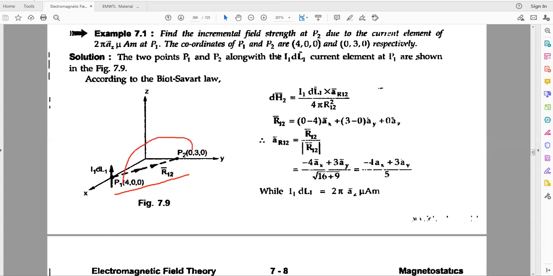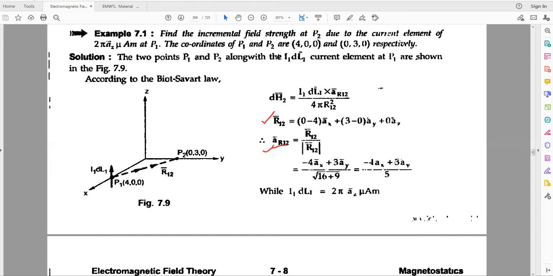So 0 minus 4 whole square, and 3 minus 0 and 0 minus 0. So AZ bar gets cancelled here. R12, the distance: 0 minus 4 AX bar is minus 4 AX bar, and 3 minus 0 is 3 AY bar. And to find the base vector A R12 bar, you have to take the magnitude. Under root of 4 square is 16 and 3 square is 9, 25, under root of 25 is 5. So we got the distance and the base vector also.